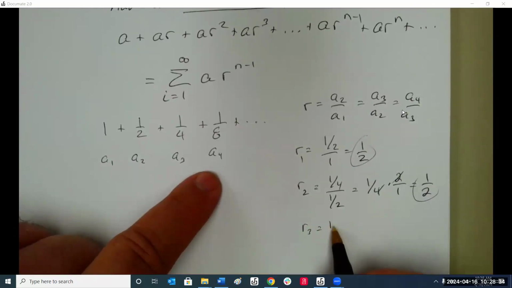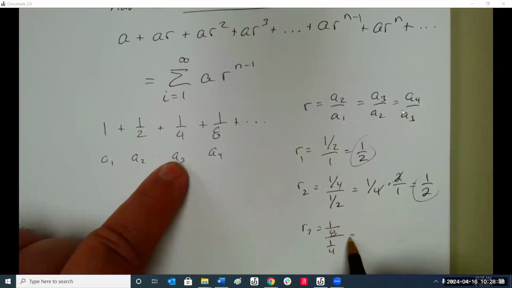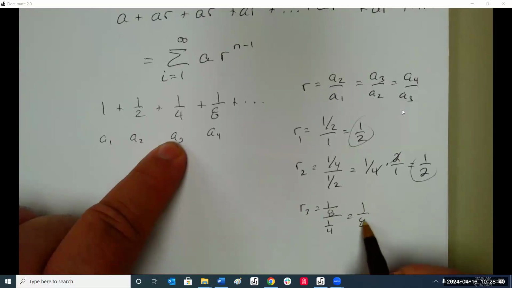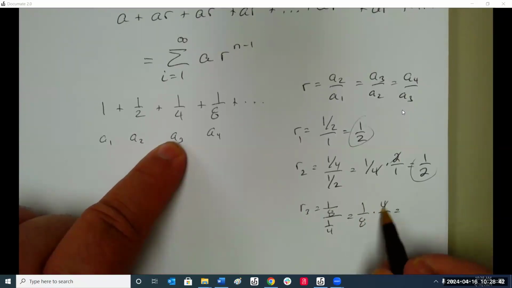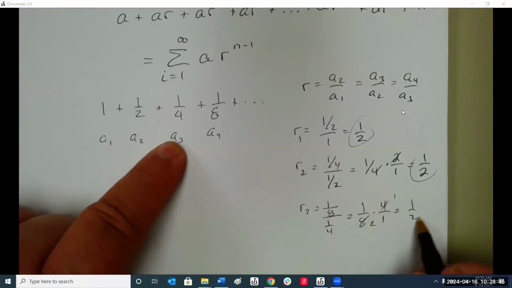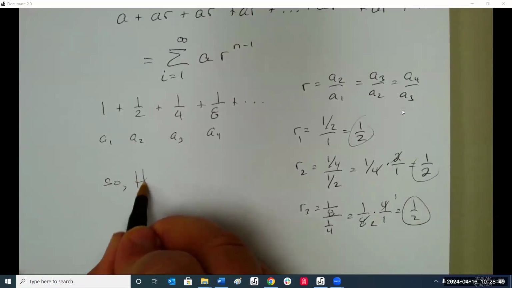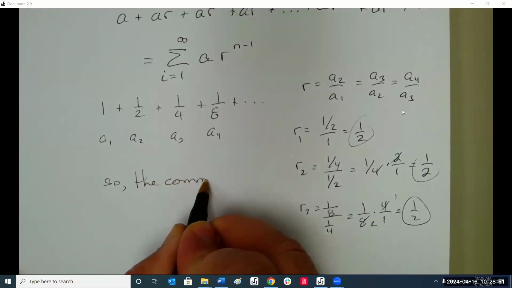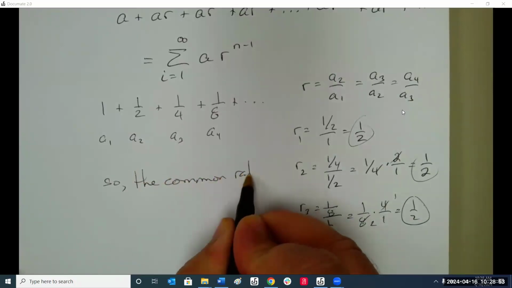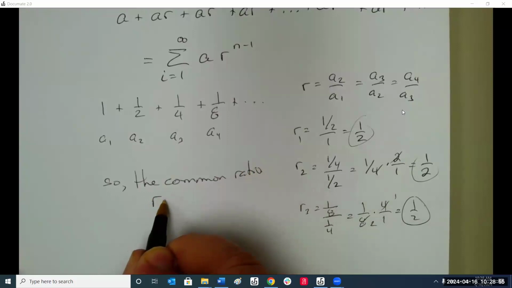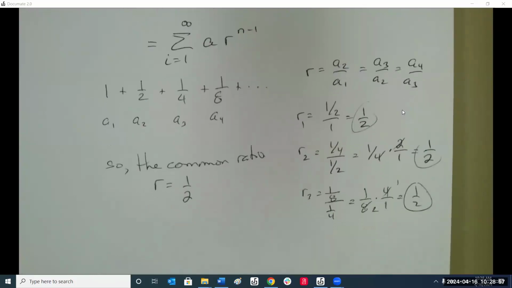Then 1/8 divided by 1/4, same thing. So the common ratio r is equal to 1/2.